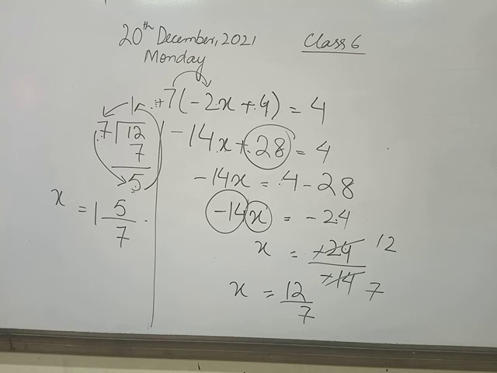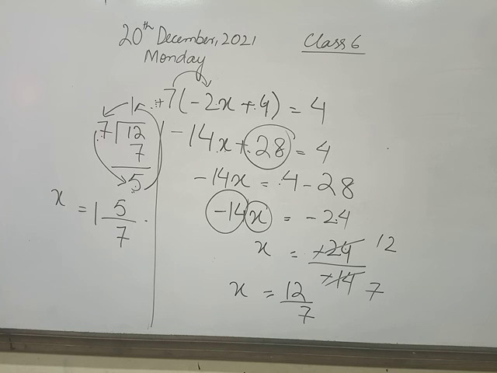Now in the next step, as you look, we have minus 14 and x, two terms that are opposite to each other. One is a variable and the other is a constant, and there is a sign of multiplication in between because there is no sign. Since we want the value of x, we will simply shift it to the next side.